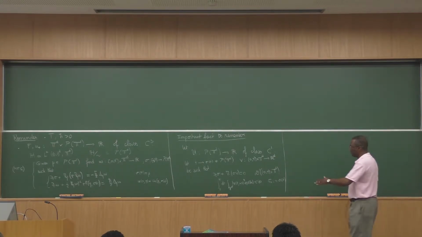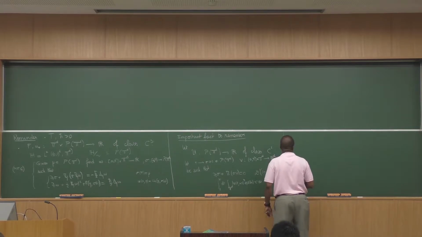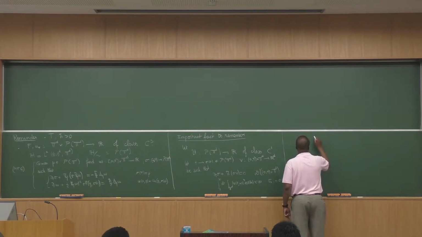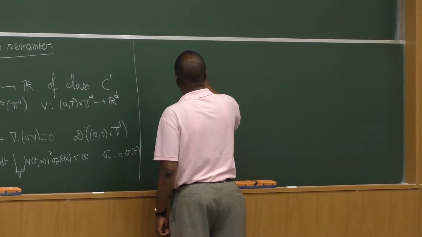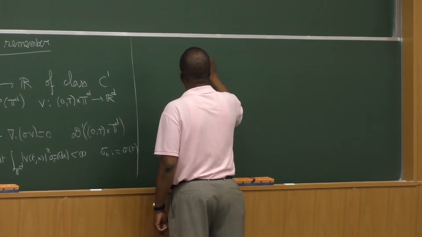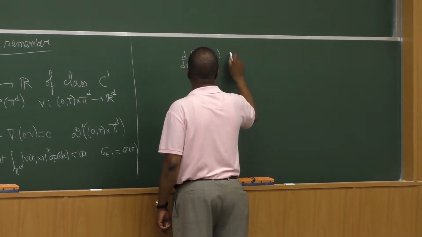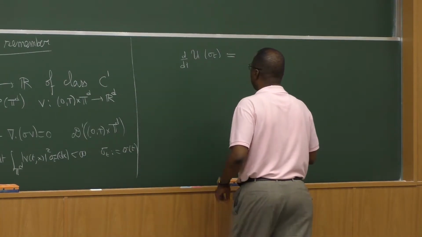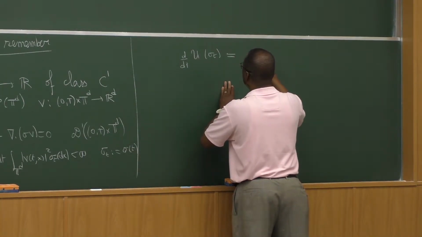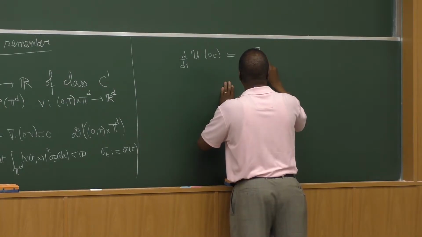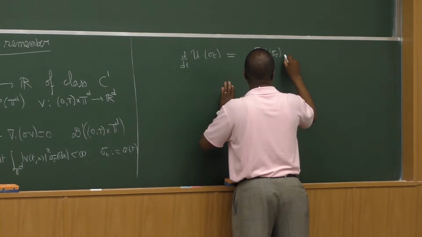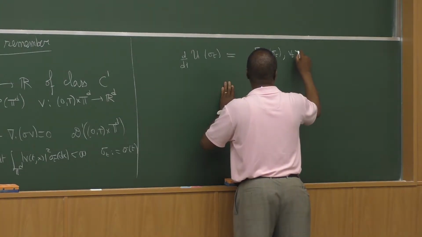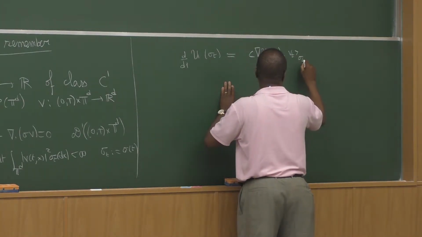Then if v is a gradient, or v is approximated by a gradient, if you differentiate u of sigma t, you get the gradient of u at sigma t, v t sigma t.